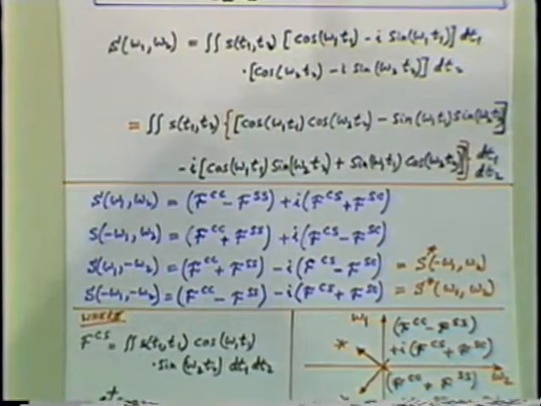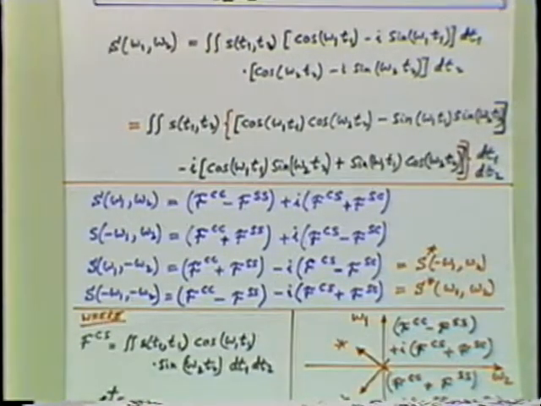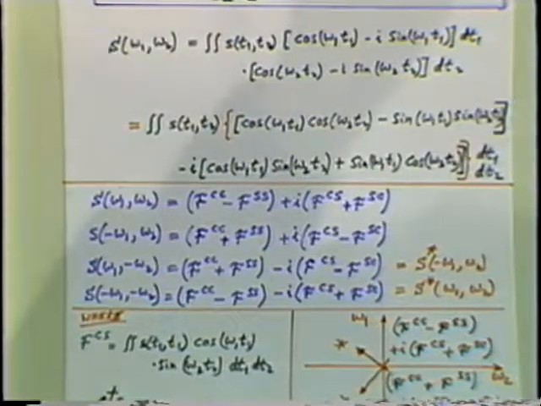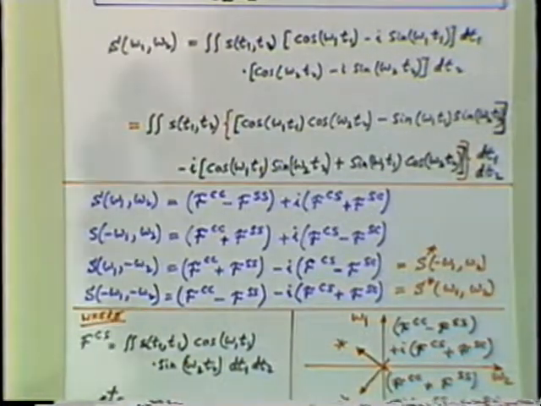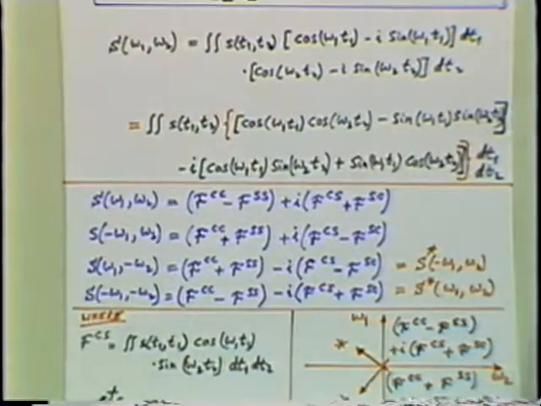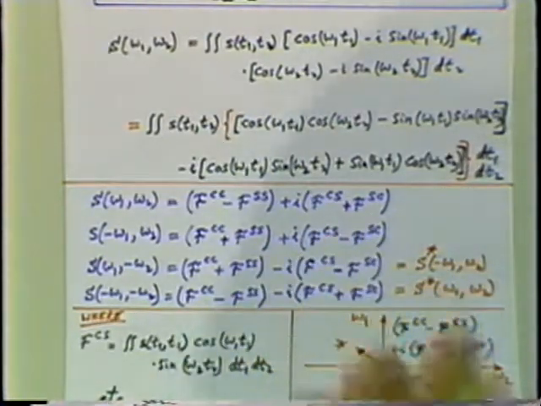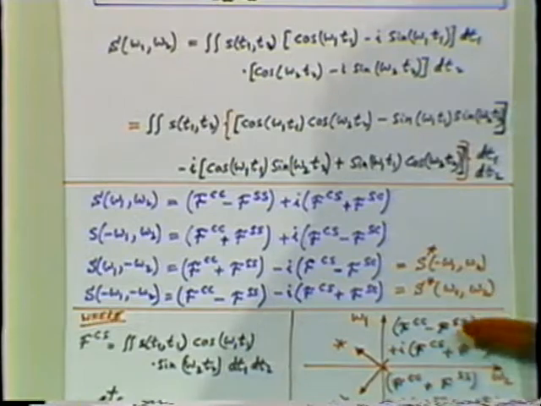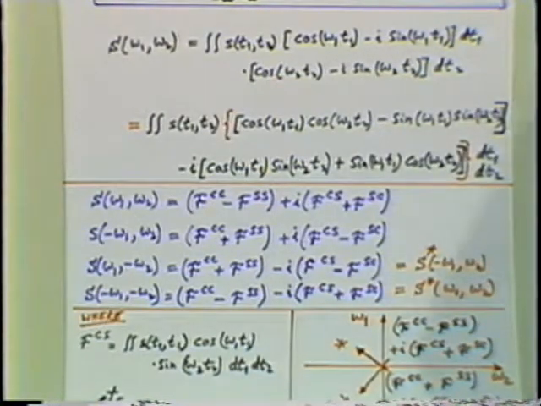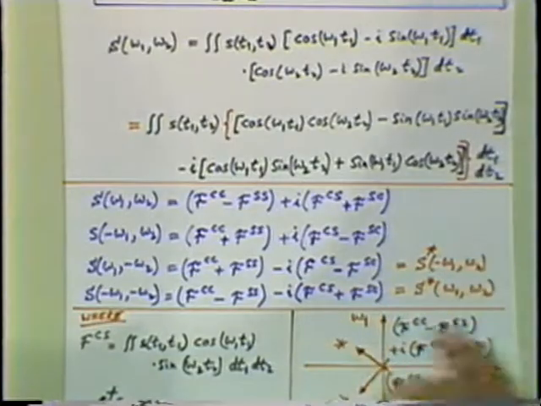What it means is that if we've done single channel detection in the T2 domain, we don't have quadrature information in the T2 domain. That's clear. But since the Fourier transform is a complex transform, we have quadrature information in the omega 1 domain. So plus omega 1 and minus omega 1 signals are different, while plus omega 2 and minus omega 2 signals are not different.